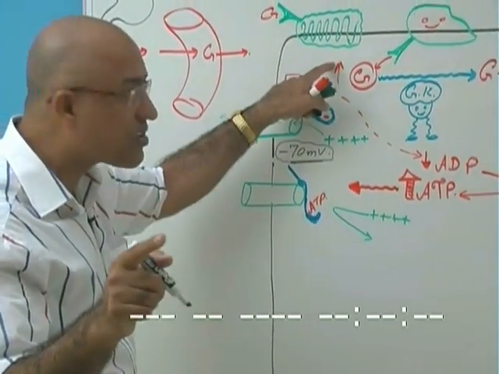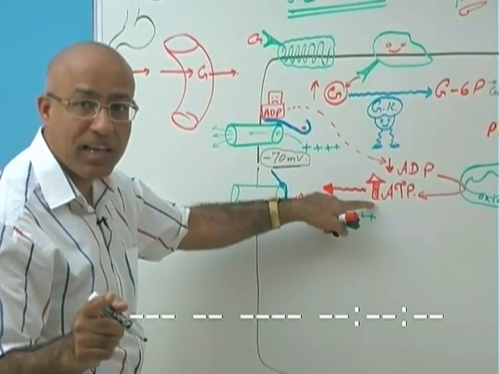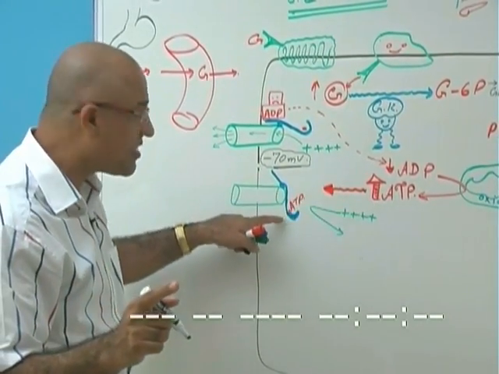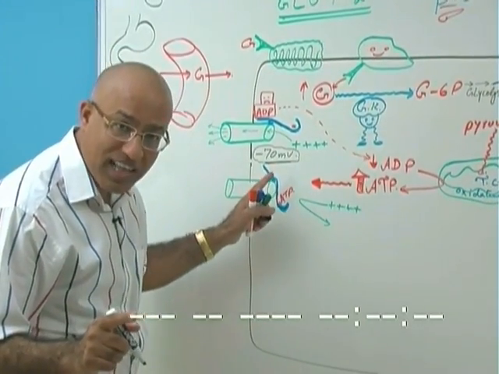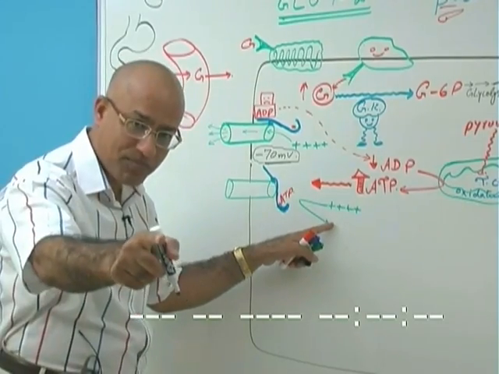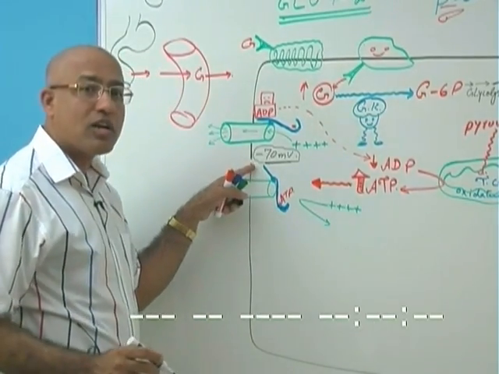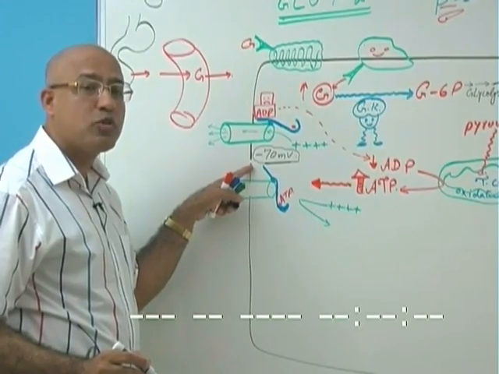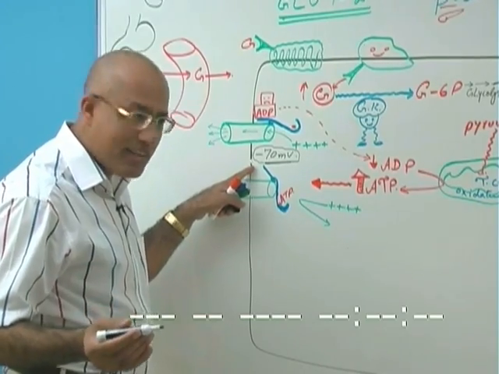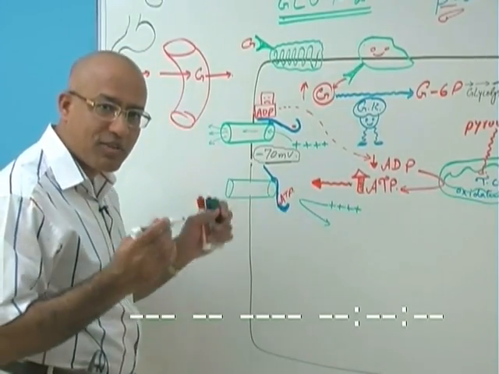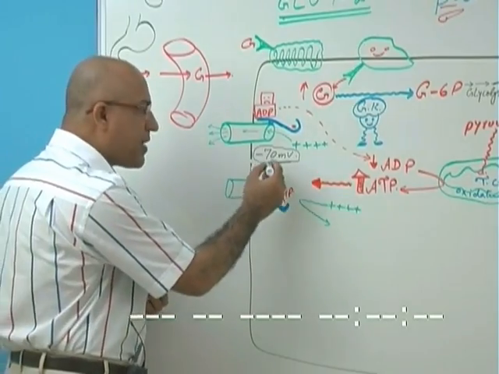But when glucose comes in, intracellular ATP levels go up and ATP sensitive potassium channels are blocked, so potassium cannot go out. This retained potassium cannot allow the membrane to remain polarized negatively. Some of the electronegativity is neutralized and the cell membrane becomes less negative.